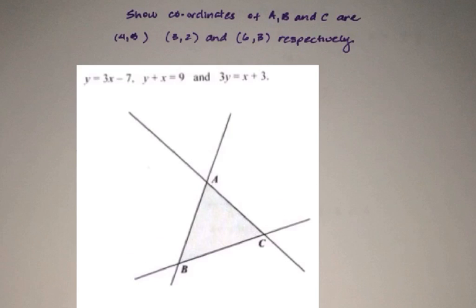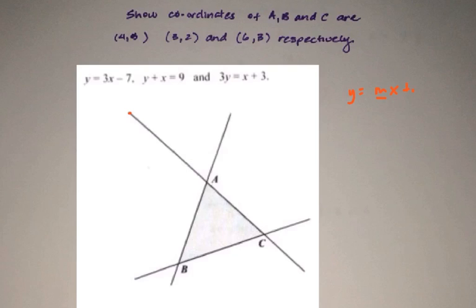Now the first thing that we're probably going to want to do is really identify which lines are which. The first line that's easiest to identify would be this line here, which has a negative slope. Remember that our lines are always in the form y is equal to mx plus c, where m is our gradient.